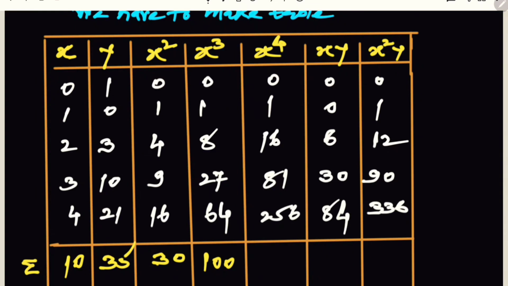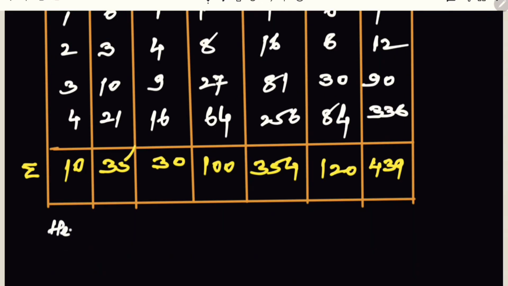Then summation of x raised to 4, adding 0, 1, 16, 81 and 256, we get that sum as 354. Then summation of xy, 0, 0, 6, 30 and 84, that sum is 120. And for the last column, summation is 439. It is not 439, it is 438.